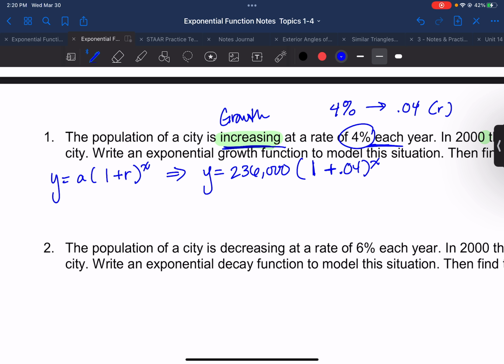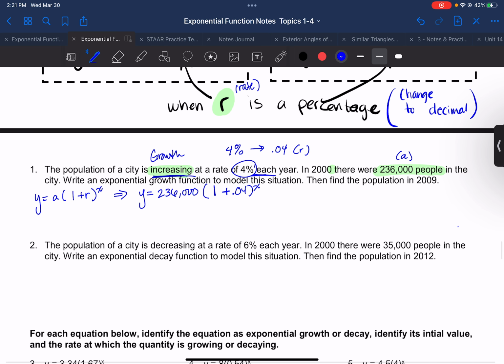Now that I have that, we can answer the question they want us to answer. And we're talking about each year too, right? So it says find the population in 2009. Now I need you to understand, we're not going to be plugging in 2009 here, okay? Because we need to figure out from 2000, where we initially started, how many years have passed to 2009.